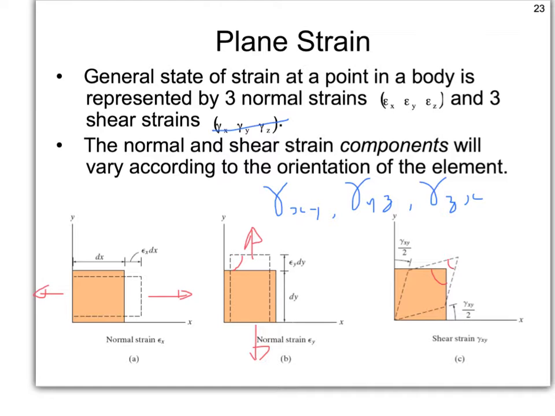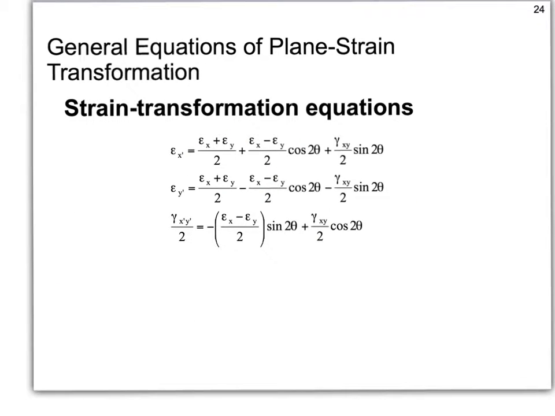Normal and shear strains in X and Y directions, or YZ or ZX directions, can be transformed in the same way as the stress, as I've already mentioned. You can see those strain transformation equations here. If you go back and look at the stress transformation equations, you'll see that they have the same form with one small difference: here we have the shear strain divided by 2, whereas previously for the stress transformation equations it was just the shear stress.